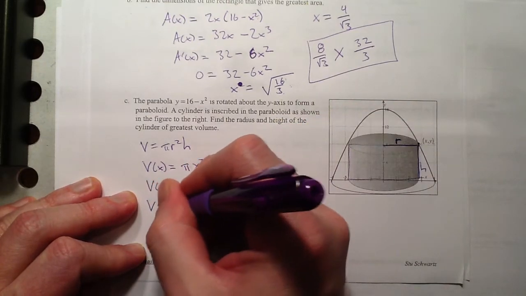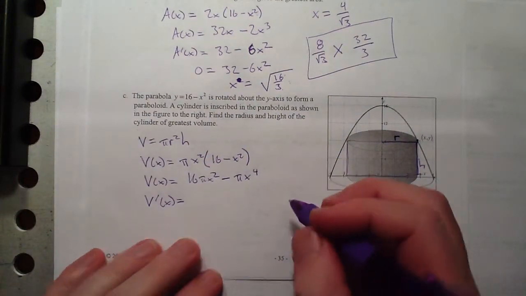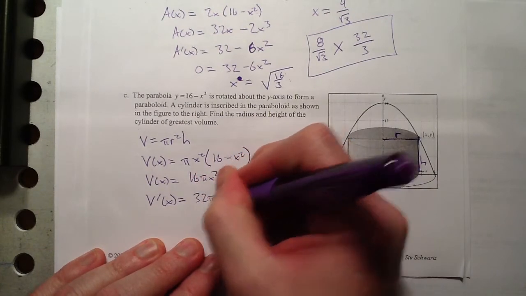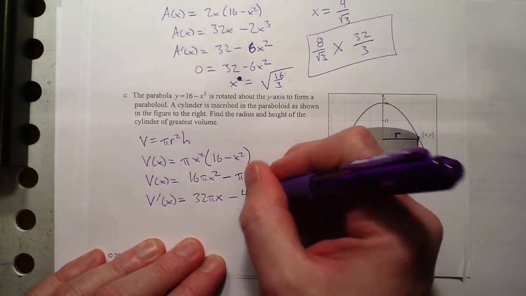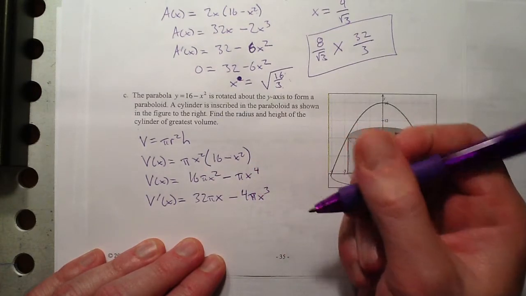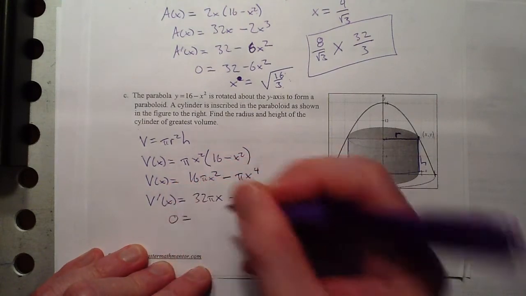I want the maximum volume, so I'll take the derivative of this and set it equal to 0. That's 32 pi x minus 4 pi x cubed. And setting that equal to 0.